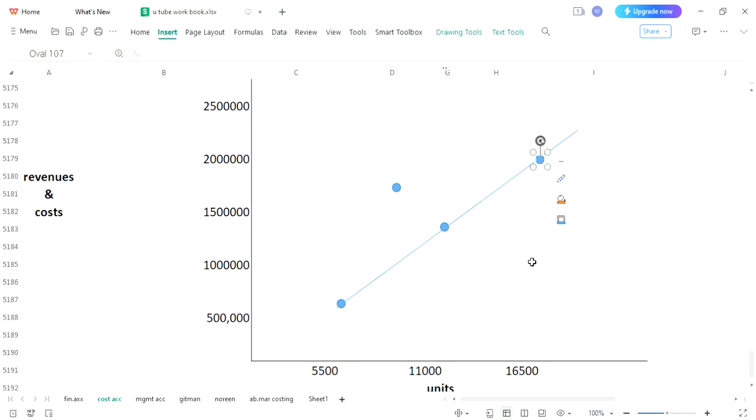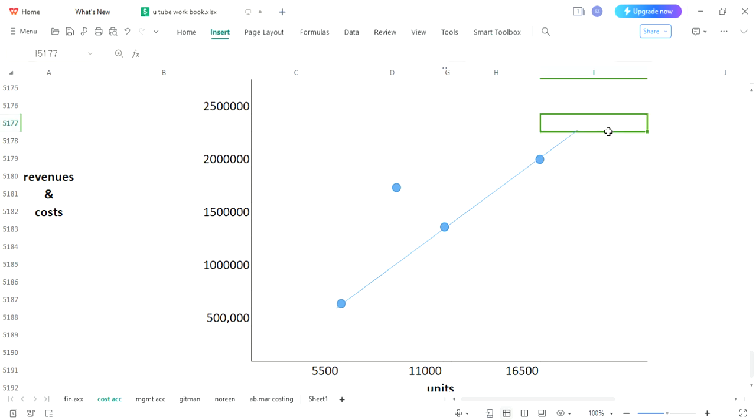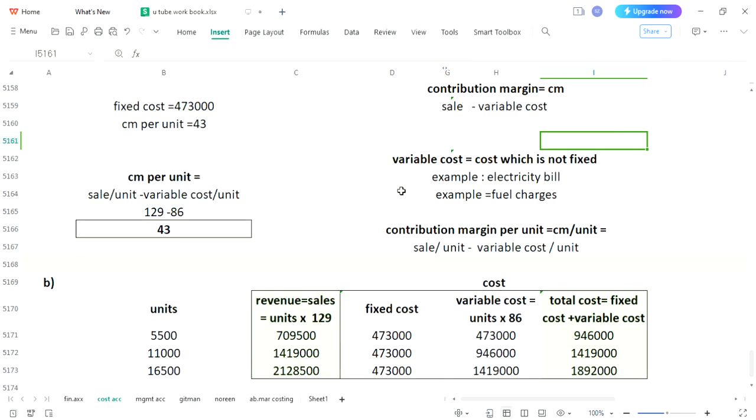So these are 3 points, and what is this about? It's your sales. One part has been completed. Now we will be putting your graph for the cost as well.